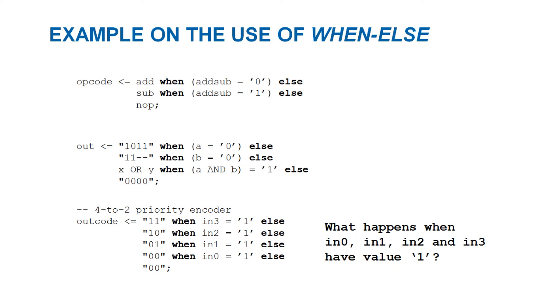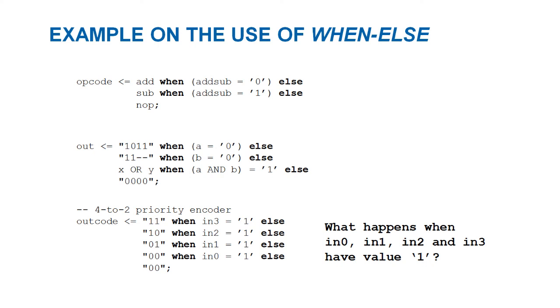In the third example, we have a way of implementing priority encoding, in which case we can assign signal 11 to the signal out code when input 3 has the value 1, or input 2 has the value 1 and so on.